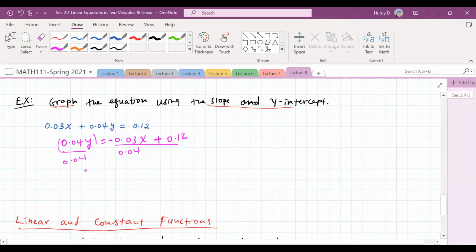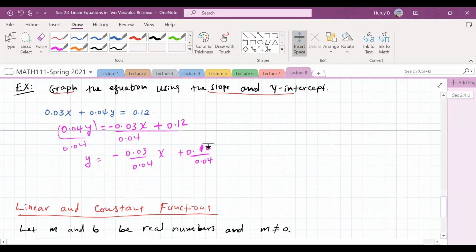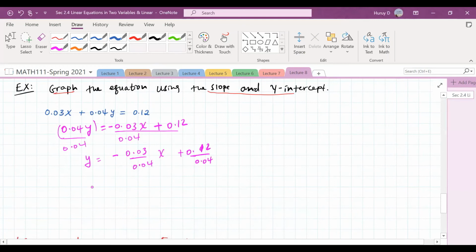So we have y equals negative 0.3 over 0.04 x plus 0.12 over 0.04. Now, as you can see, we have decimals here, so it's always a good idea to get rid of them.